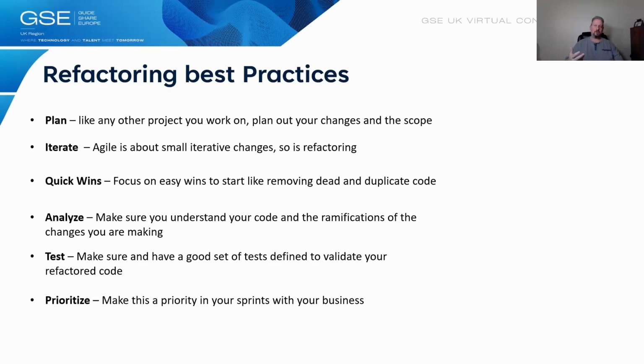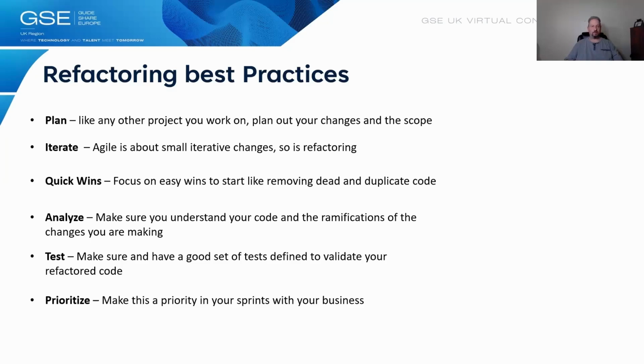Along with iterating, you want to focus on quick wins, right? You want to focus on those easy places to start that will incrementally improve your code base. Two of the big ones are dead code and duplicate code. I see a lot of teams that go through and refactor their code, and they start by removing dead code.